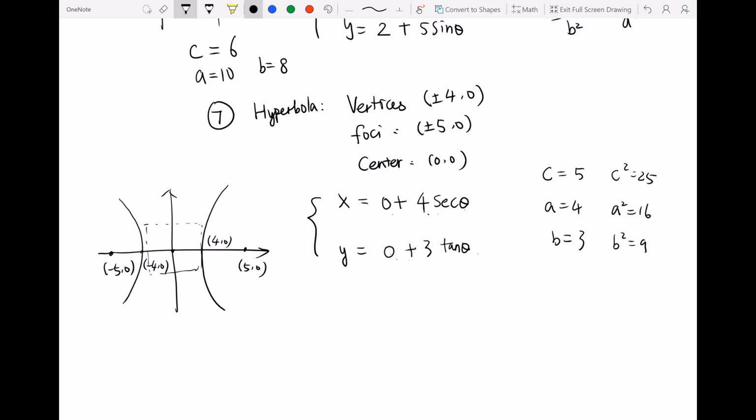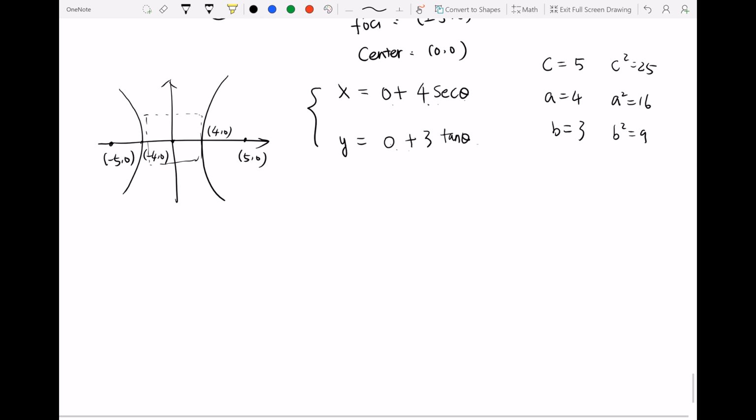Alright. So next one, we're going to look at a smooth curve. Definition of a smooth curve. Okay.